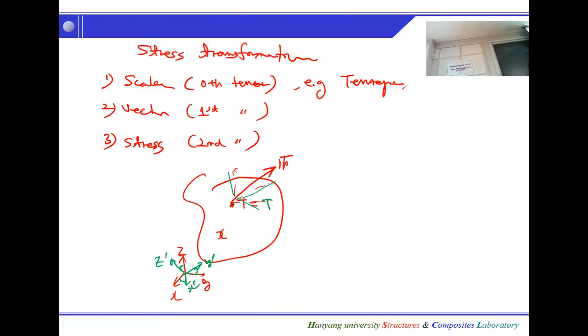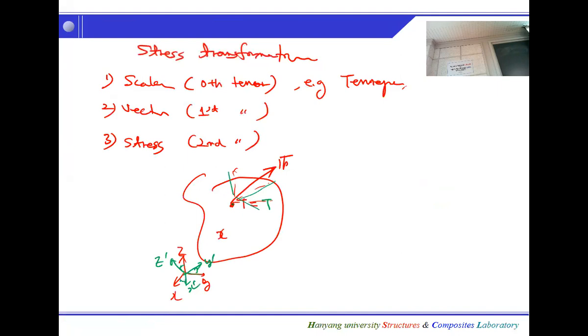Say a certain force is applied here, and I'd like to explain the components of this force. I use this coordinate, so X is this much, Y is this much, and Z is this much. But another person with a different coordinate, like that, would explain the same force with different components.